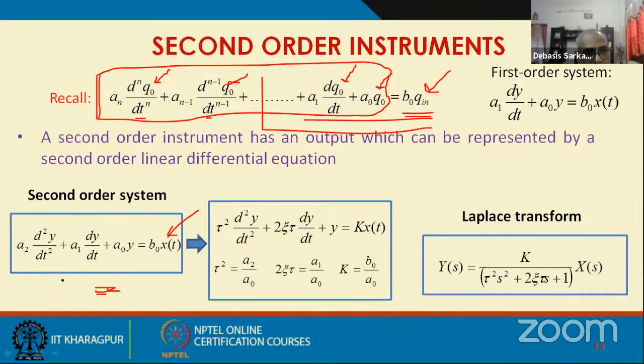Now, typically we solve this equation by making the coefficient unity. So divide this equation throughout by A0. So this is A2 by A0, A1 by A0, y, B0 by A0.